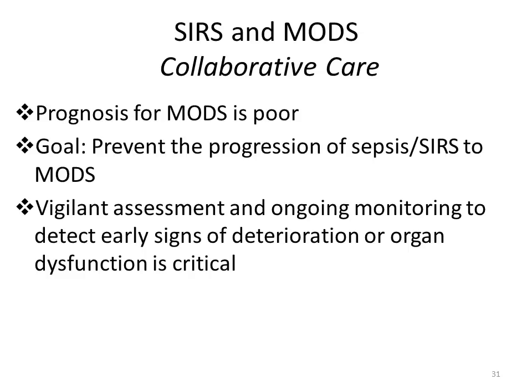If a person gets MODS, the prognosis is poor. So our job is to prevent the progression of sepsis and SIRS to MODS. We need to do everything we can to prevent that. It is a matter of the nurse being hypervigilant when you have a patient that is at risk for developing sepsis or SIRS.